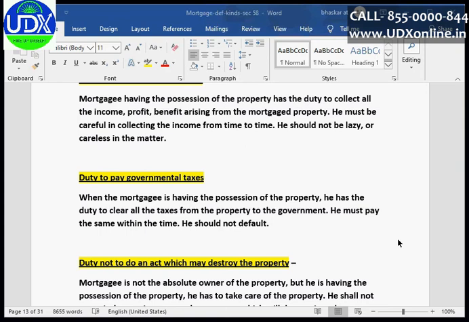The mortgagee has to protect himself, has to protect the lawful security. So the mortgagee is going to pay the governmental taxes. He should not be a defaulter. Right? Next.